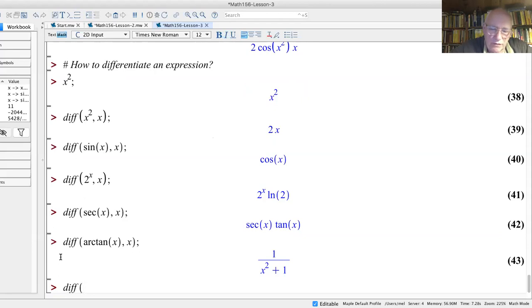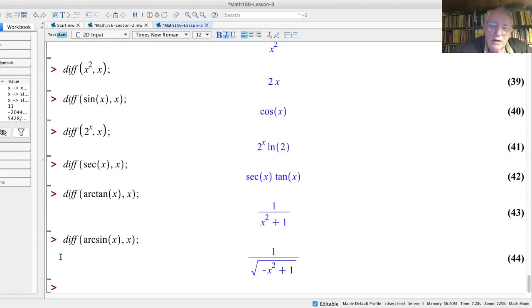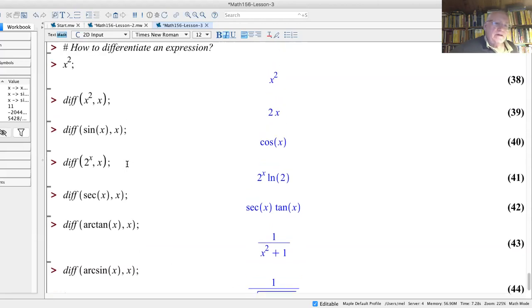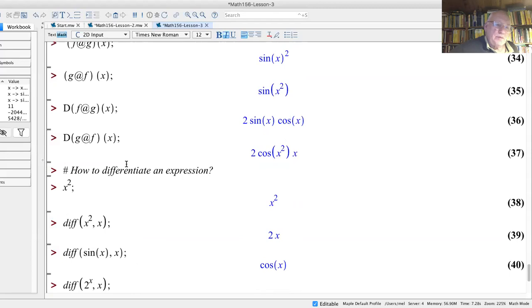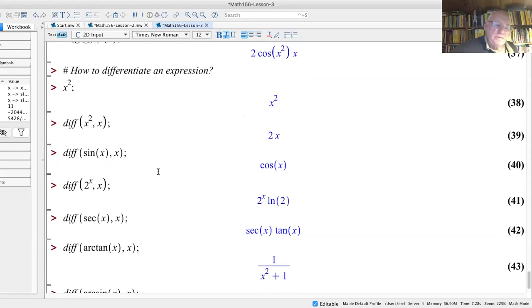What's the derivative of arcsine of x with respect to x? 1 over the square root of 1 minus x squared. Again, for some reason, Maple writes it like this, but it still is correct. So diff is the command for differentiating an expression. Capital D is the command for differentiating a composite function.